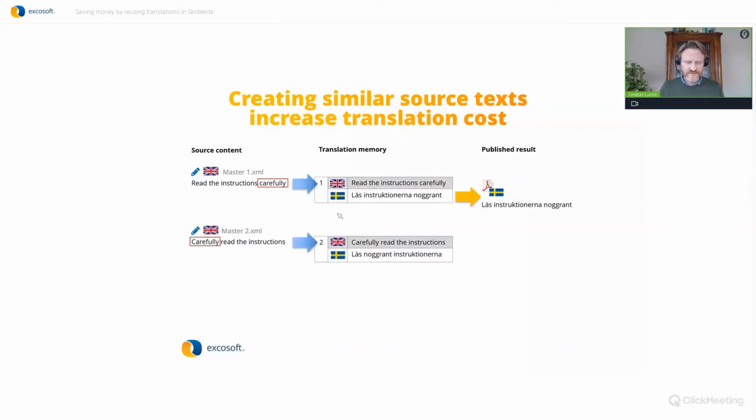So when this file number 2 is translated, we create a similar Swedish translation. And of course, when we publish, we get a similar Swedish output. So this would mean that we would increase the number of blocks having similar source text and similar translations, which has an impact on cost when we translate.